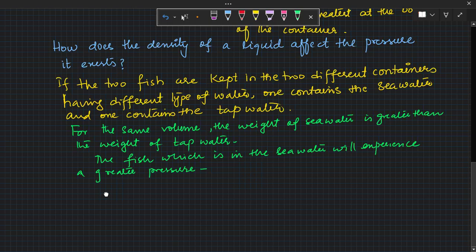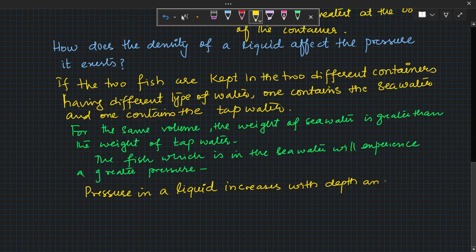And what we can conclude here is that pressure in a liquid increases with depth and density, right?